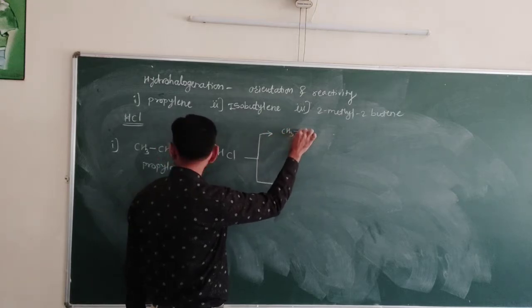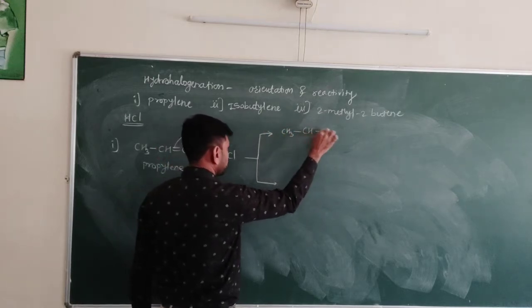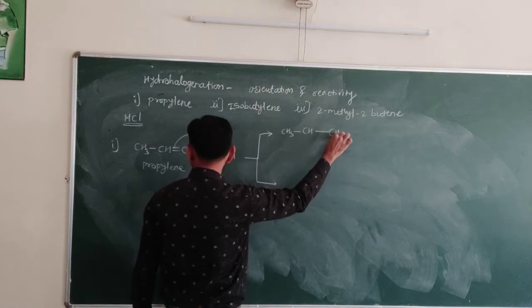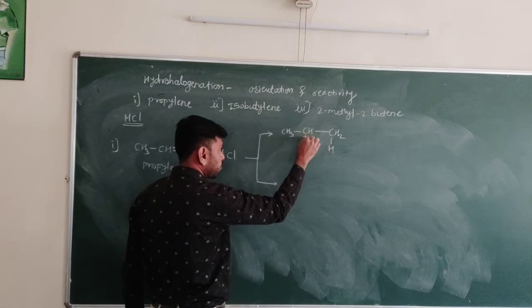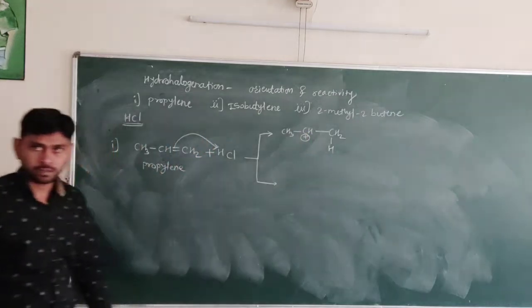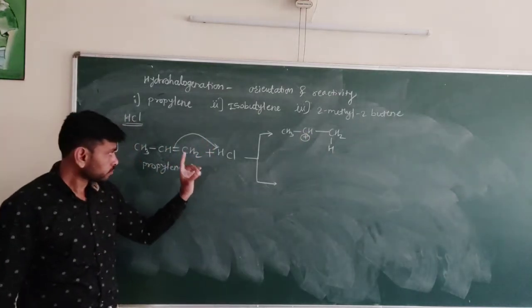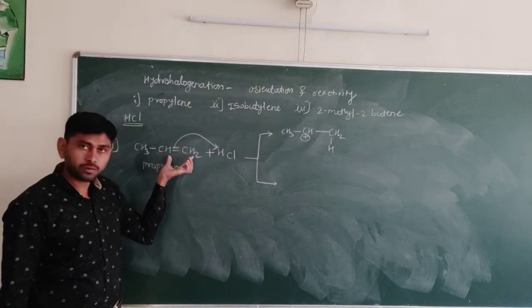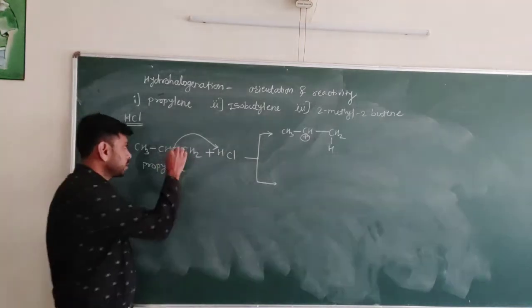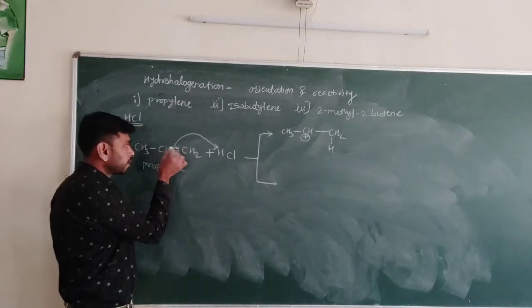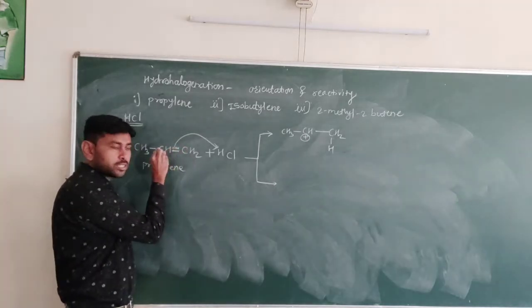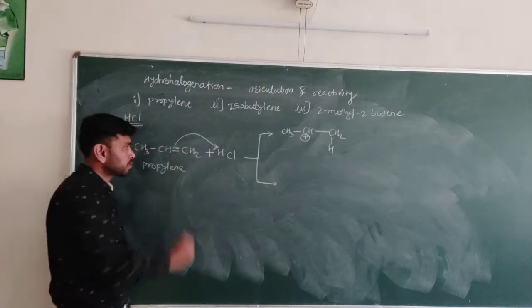So CH3, CH, CH2 accepted a proton here, and there is formation of carbocation. But the pair of electrons of this carbon-carbon double bond is attached to two carbons, this carbon and this carbon.